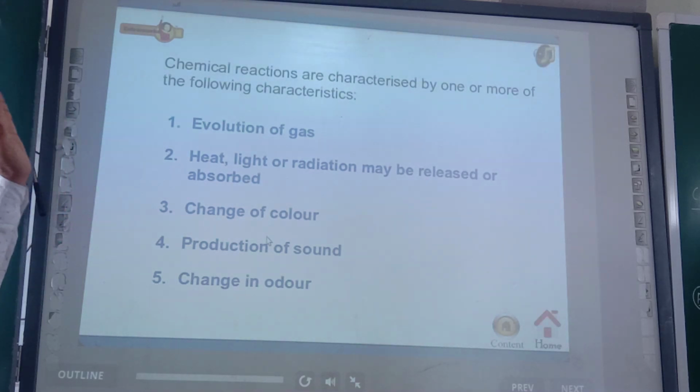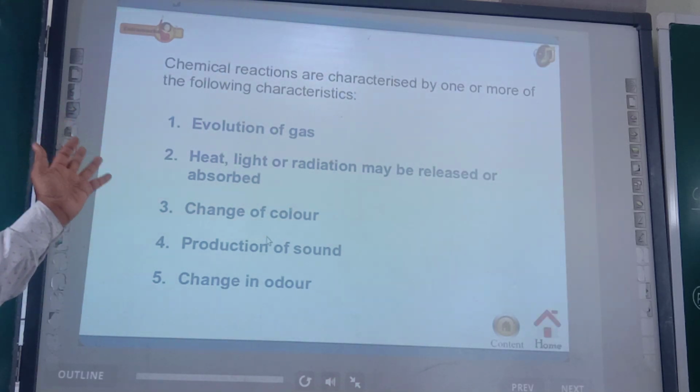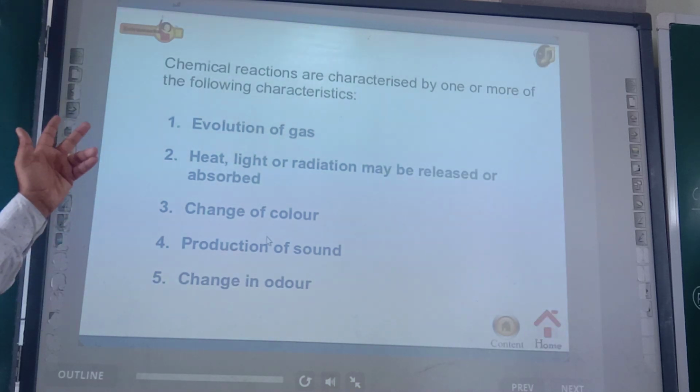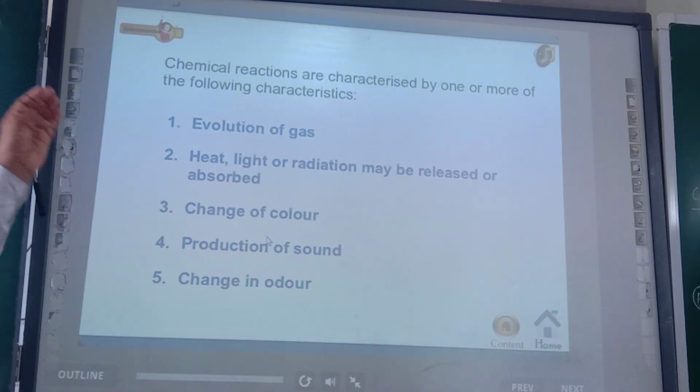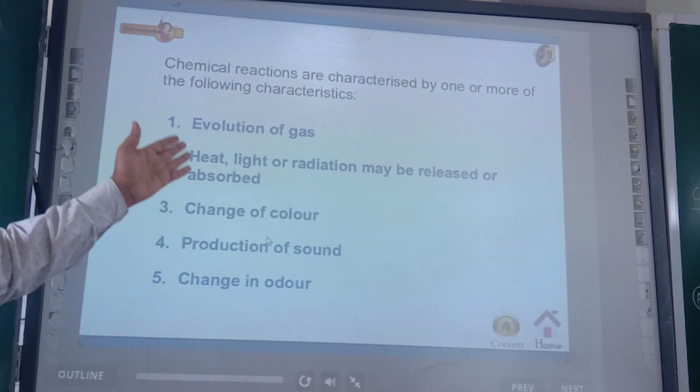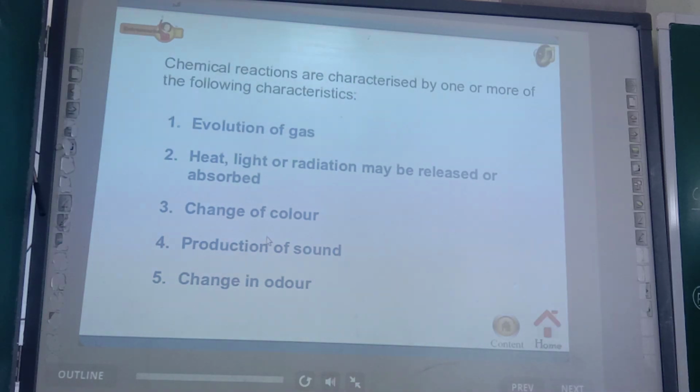One or two characteristics may be there, like in burning of magnesium ribbon, what was there? Change of color was there or not? And heat and light were released during that one. So it doesn't mean that all characteristics should be there. Some of the characteristics must be there.